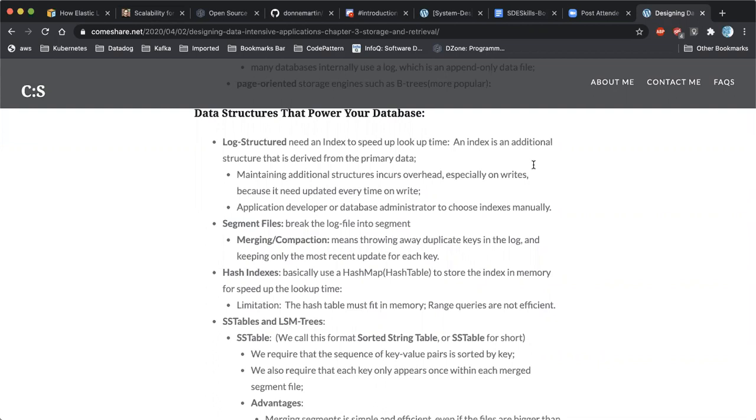Even when we talk about multi-threaded writes, we need to keep in mind that though you have multiple threads working to write in parallel, there has to be underlying storage also. Let's say we have multiple files on which data is written. Then it makes sense to have multi-threaded writes.